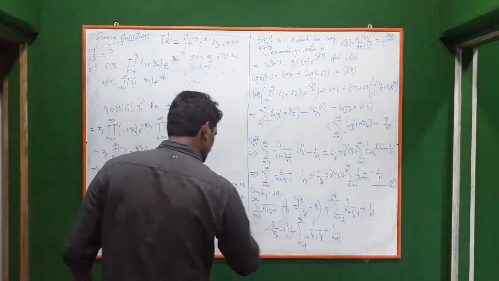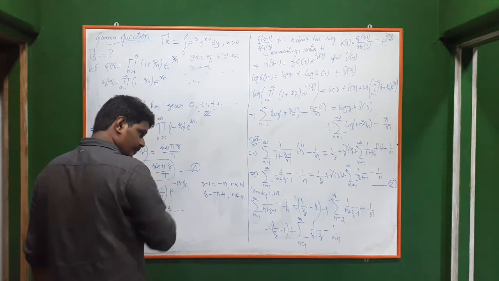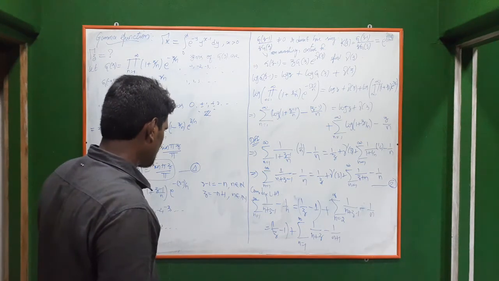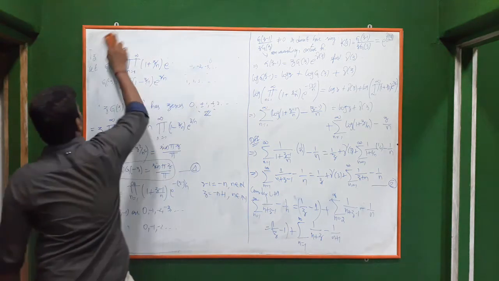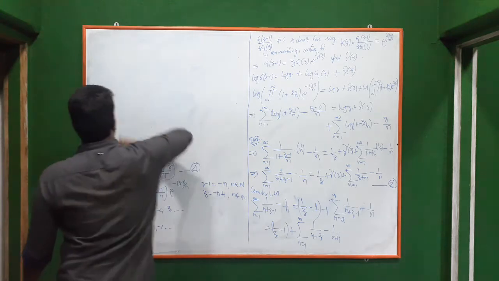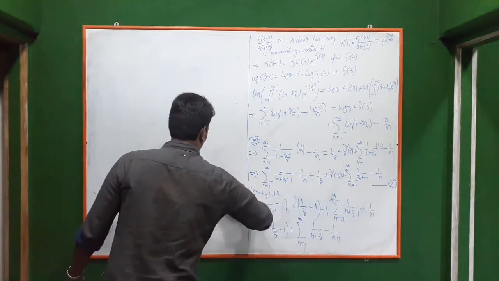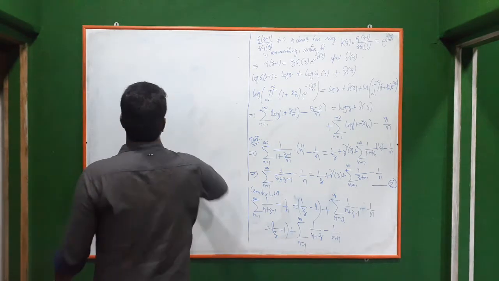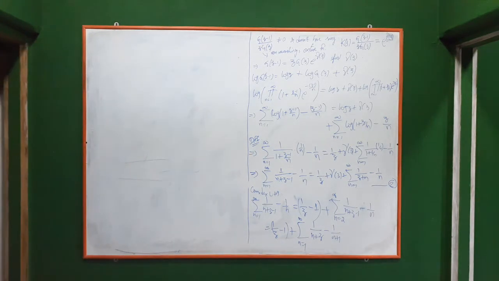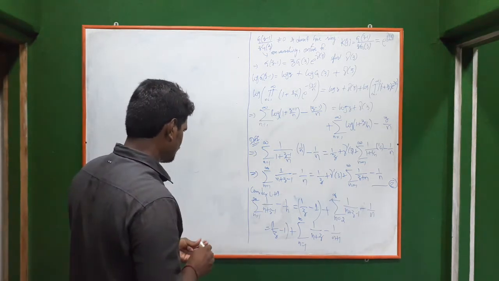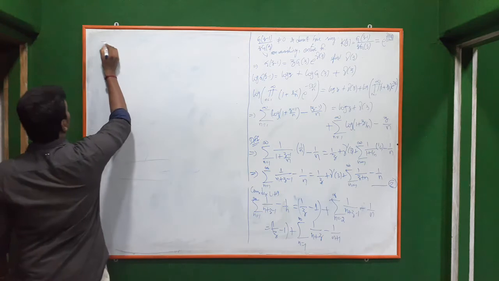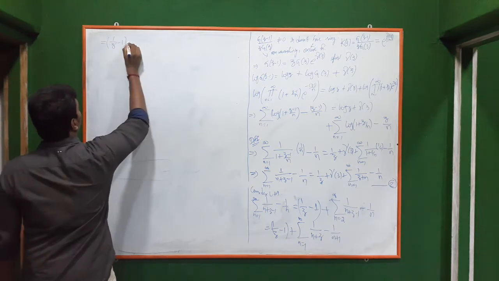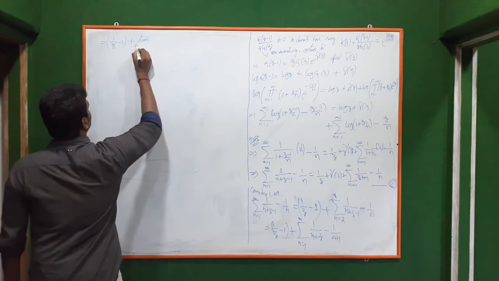Now find this. It is equal to 1 by z minus 1 plus the limit as n goes to infinity.